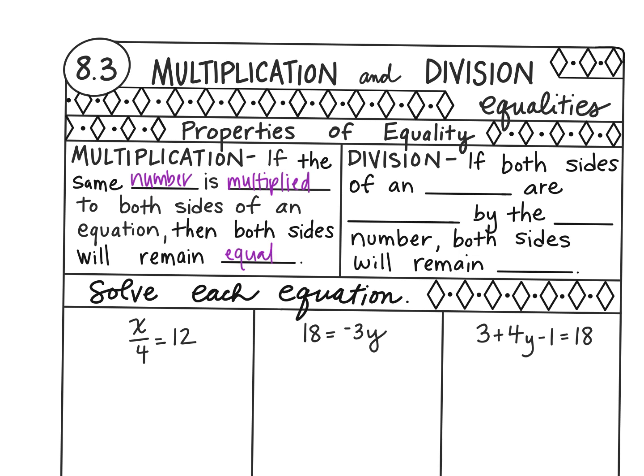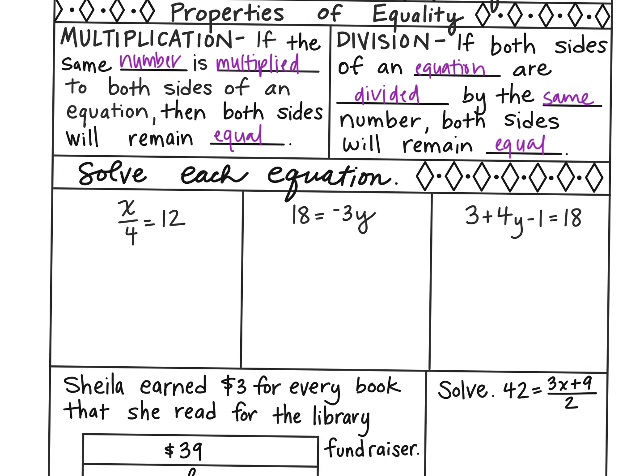Equal. In contrast, for division, if both sides of an equation are divided by the same number, both sides will remain equal. We have several examples here.